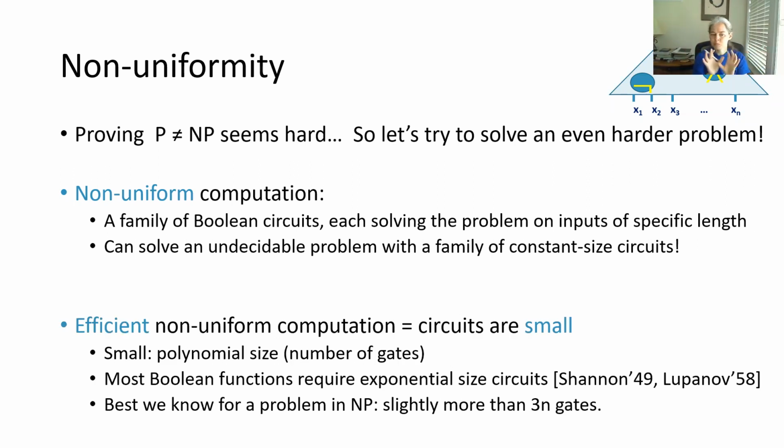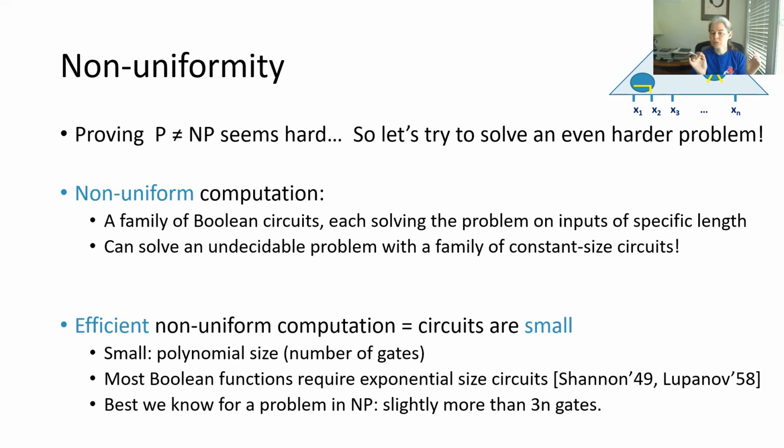We could always brute force and say, if the input looks like this, output this. If the input looks like that, output that. It will take roughly exponential time, or an exponential number of gates in the circuit. So if you want to talk about efficient computation, we want the number of gates to be small, that's polynomial.